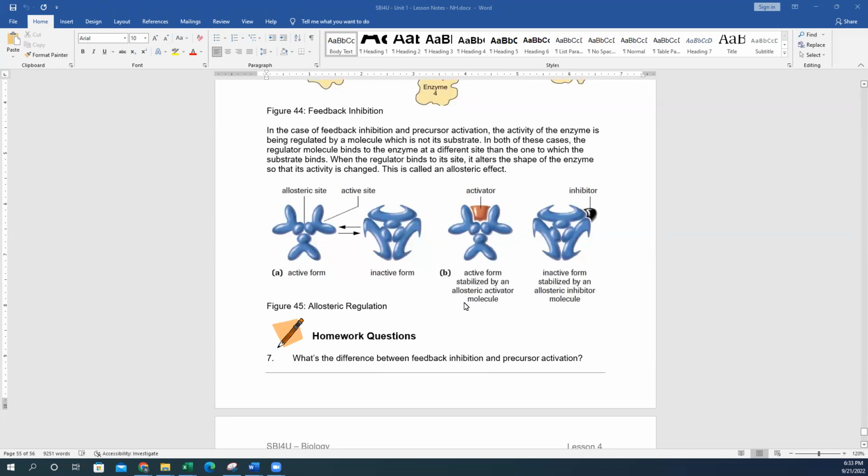So here again, there are some examples of allosteric regulation. In this case, you have the enzyme that has an active site. And for example, this enzyme might exist as 3 subunits that come together as 3 units of this enzyme.